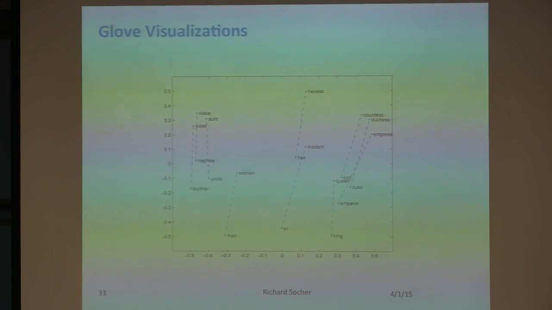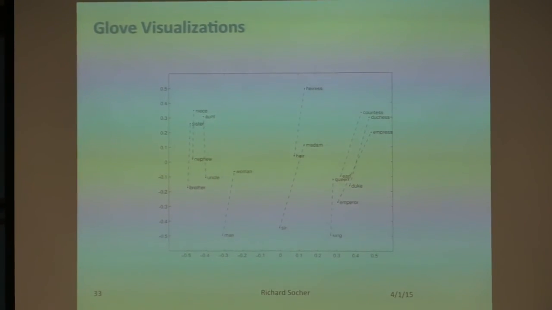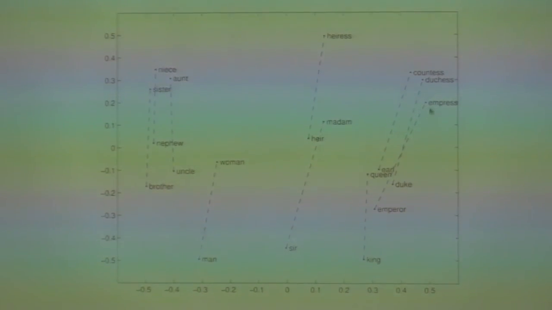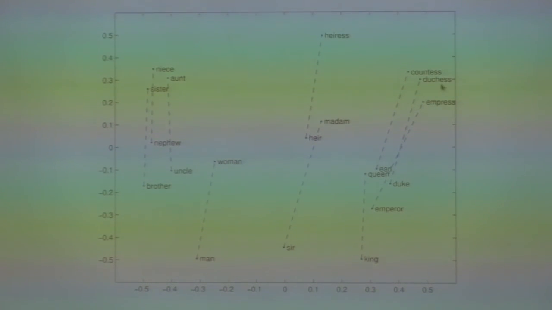And here are some other interesting relationships that aren't just king and queen. You can see that even emperor and empress, or duke and duchess, earl and countess, and heir and heiress, and so on, all have a similar kind of vector offset. So it really captured that general phenomenon.